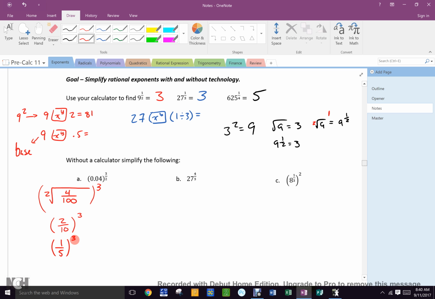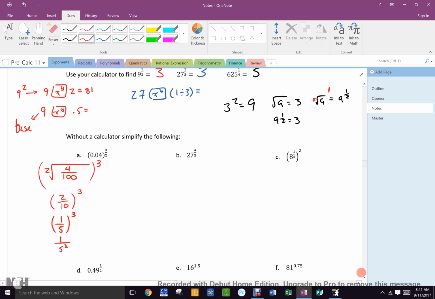So what do I really have here, Sonia? 1 to the power of 3, which is 1, and 5 cubed, which is 125. So 1/125. Right? Everybody good? Okay.